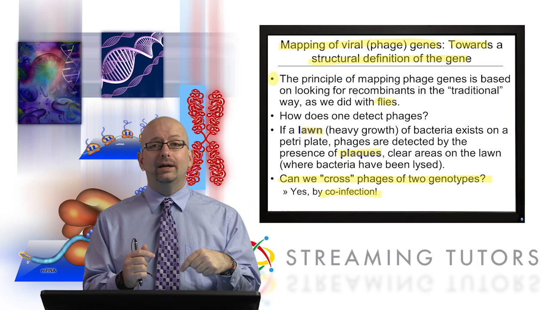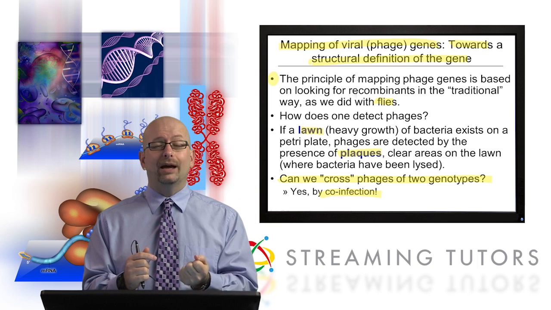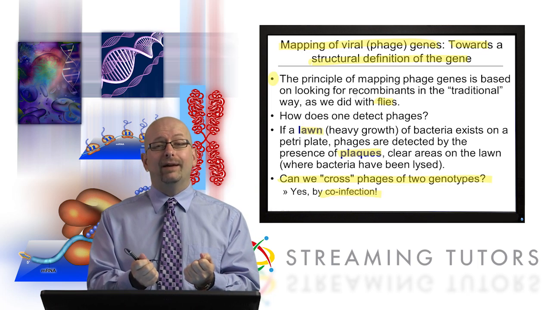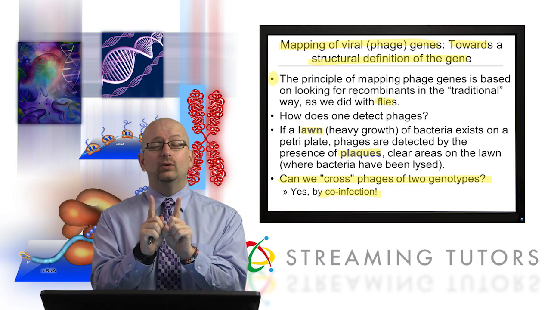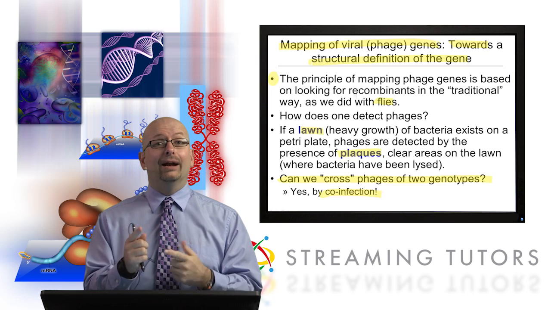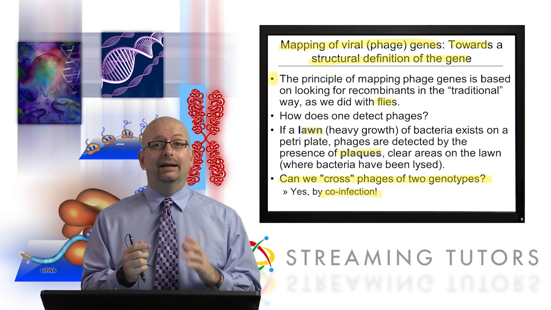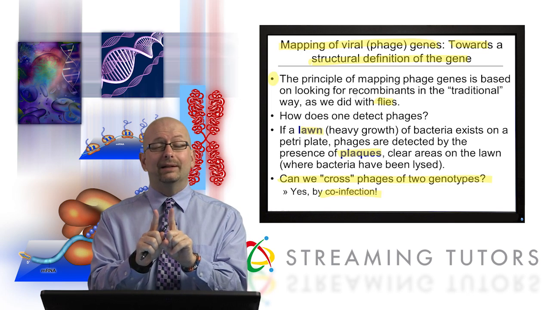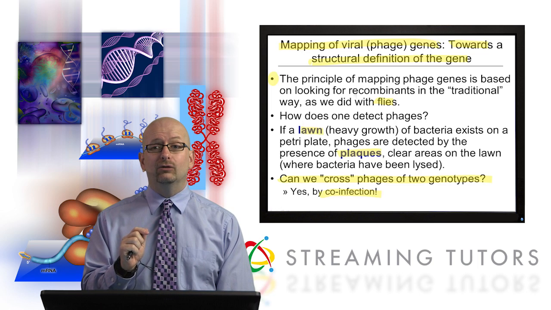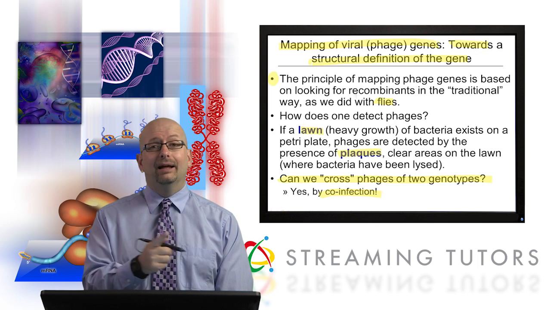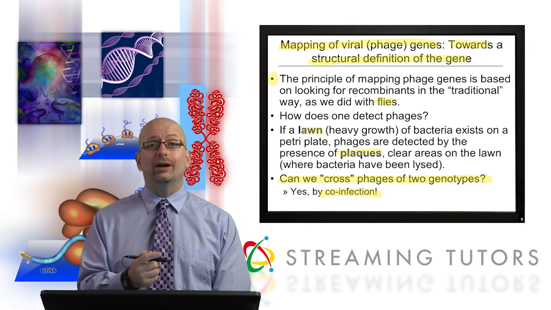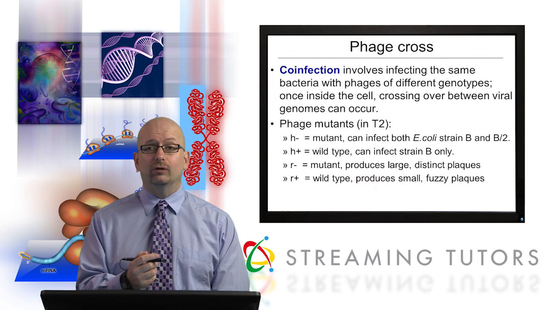If the phage DNA of one type gets in that cell, and then we have phage DNA of another type, they can both get into that cell. The two DNAs can commingle, and crossing over can occur. It's not sex, but it's simulating that situation, in the sense that you have two chromosomes, if you want to call them that, in a position to exchange parts and to undergo crossing over.